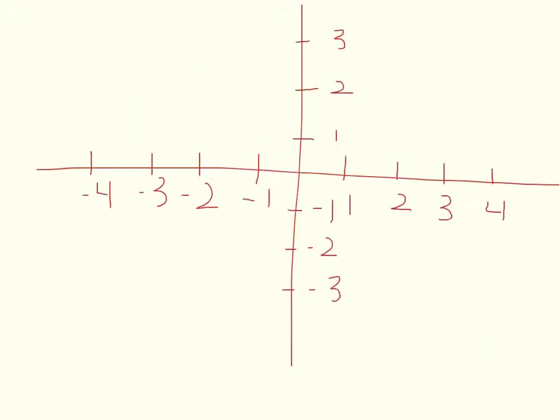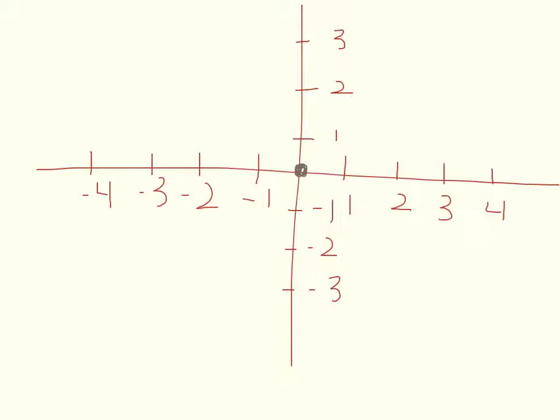Now we want to take what we know so far. The x-intercept and y-intercept are both 0, 0. And we know that we have symmetry with respect to the origin.